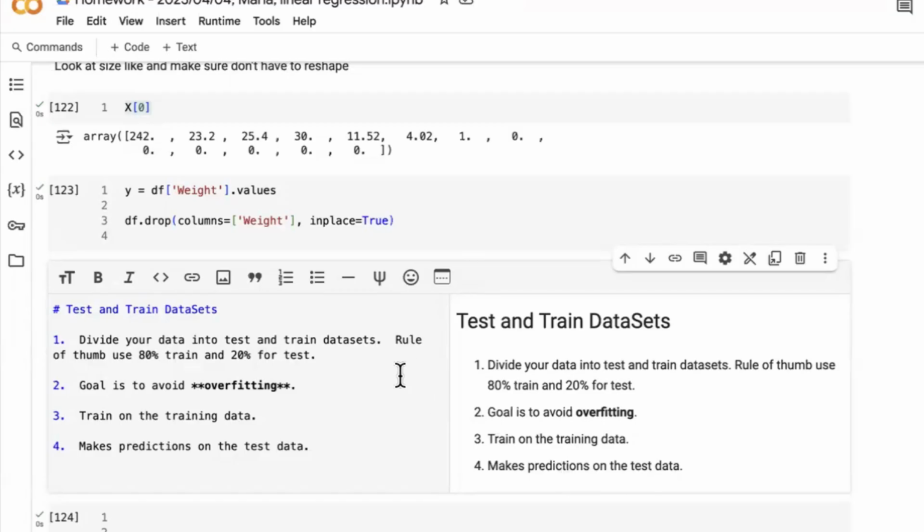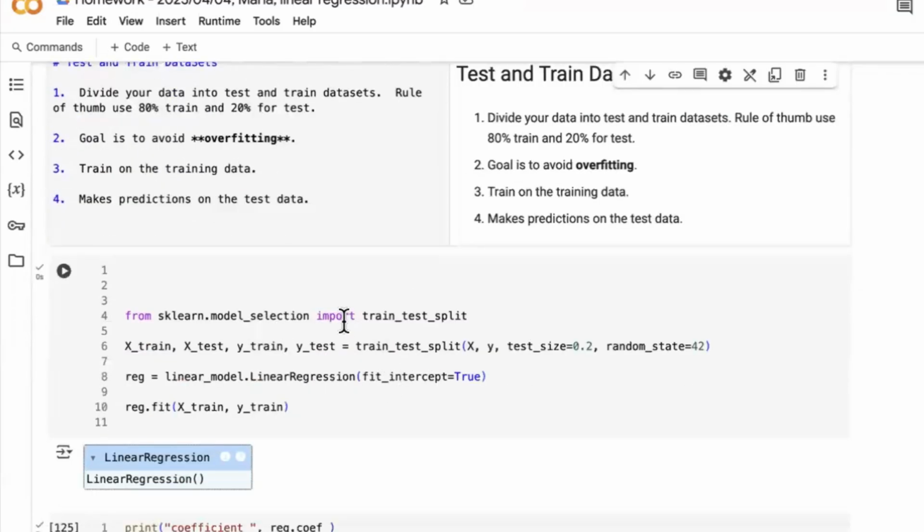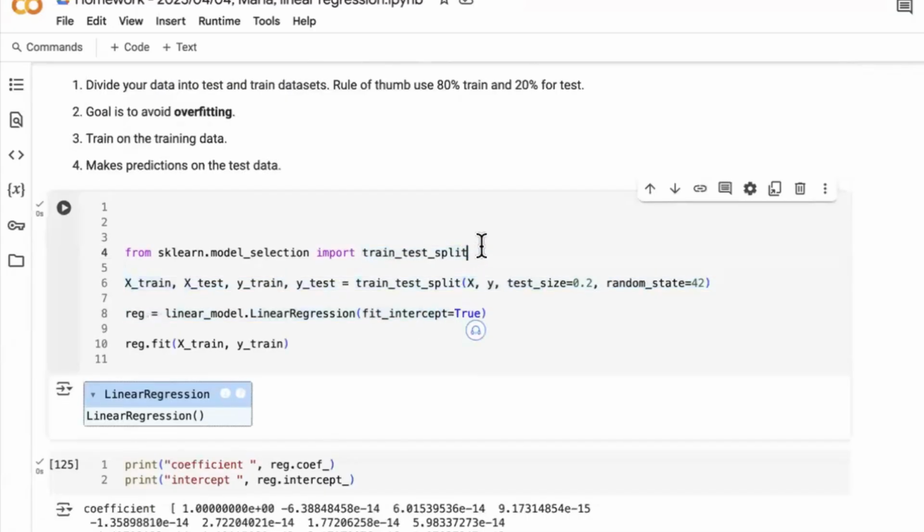Just how it works. Okay, so we use this tool from scikit-learn called train_test_split. Random state, I don't know what that means. But here, we just take X, we take Y. We tell it the size of the test.